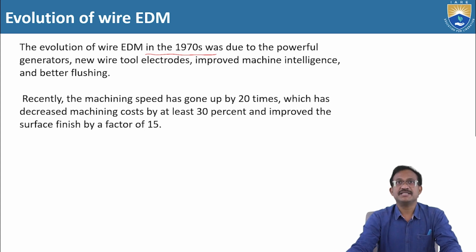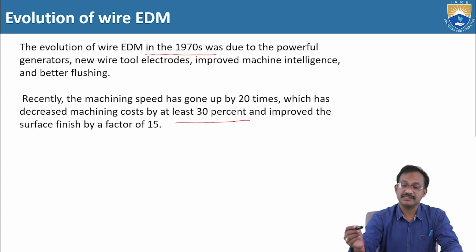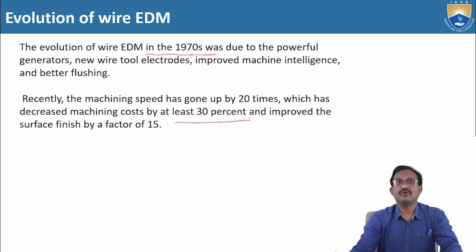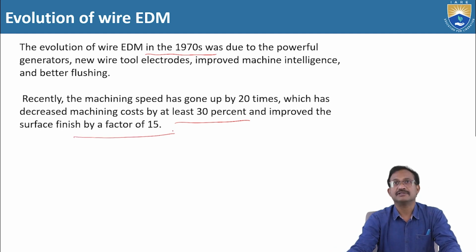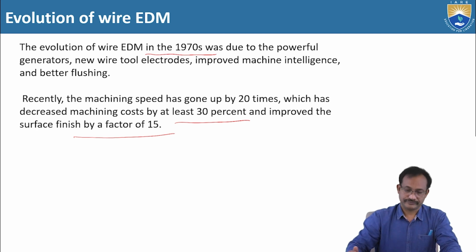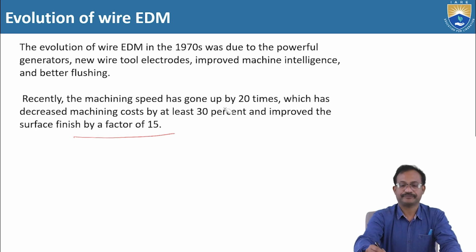Recently, the machining speed has gone up by 20 times, which has decreased machining costs by at least 30% and improved the surface finish by a factor of 15. See how development has progressed towards the machining process.